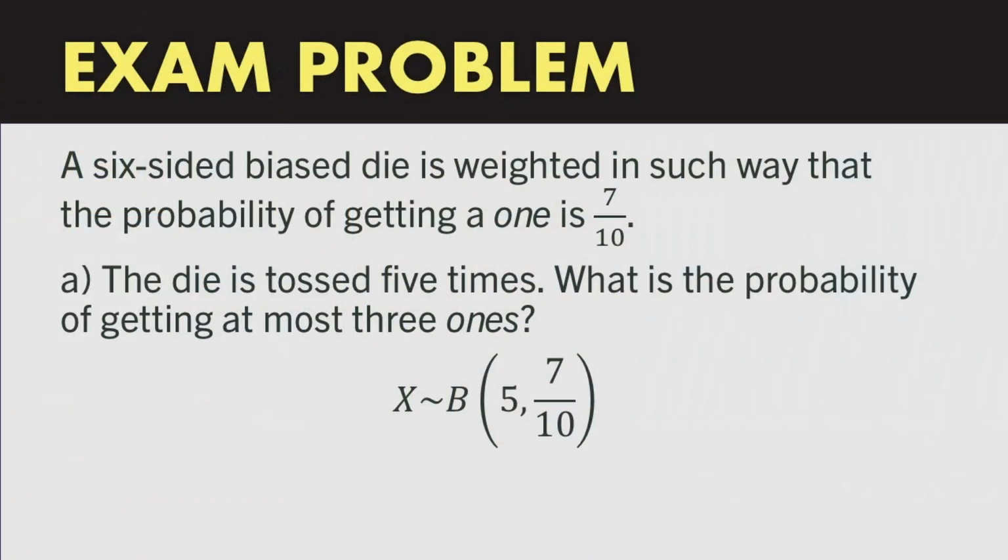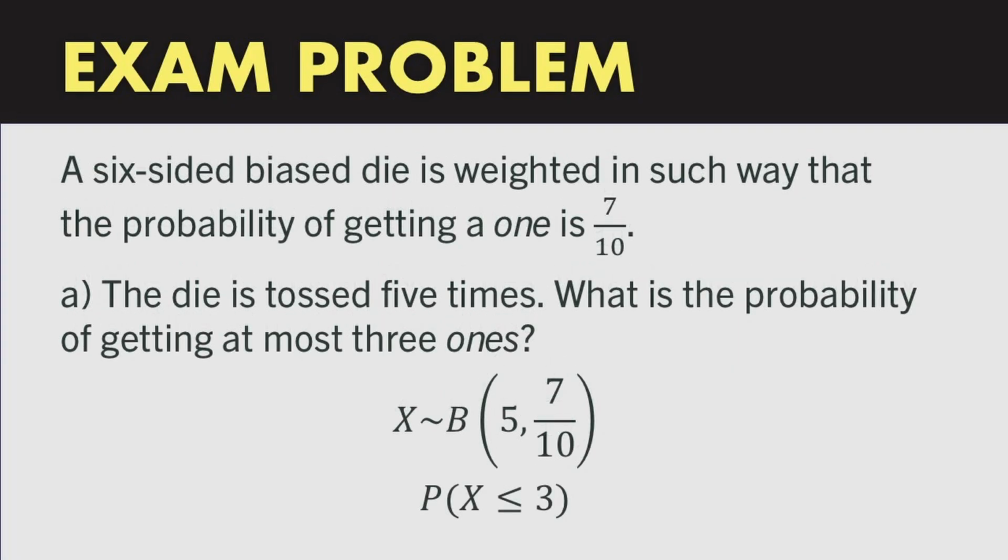X is binomially distributed with 5 trials and a probability of success of 7 over 10. Knowing that, then we can calculate the probability they were asking us. We can find the probability of getting at most 3 ones. We want the probability of x being less than or equal to 3.